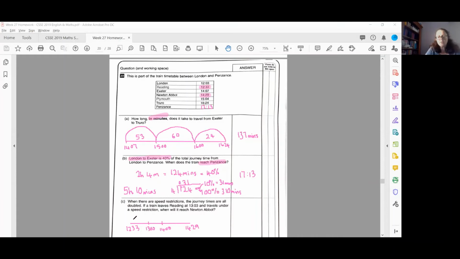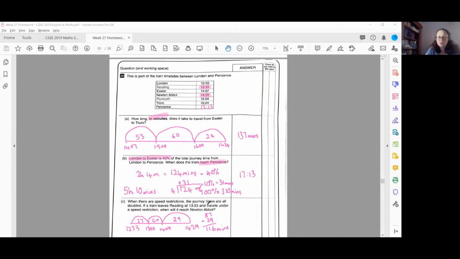Okay, so 12:33 to 1300 would be 27 minutes. 1300 to 1400 would be 60 minutes. And 1400 to 1429 would be 29 minutes. And if I add those together, that would be 87, add 29 will give me 116 minutes.